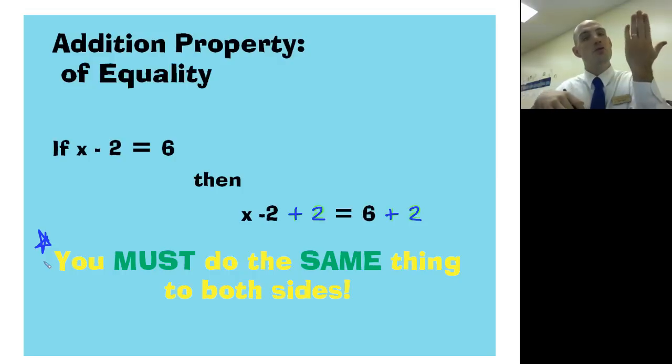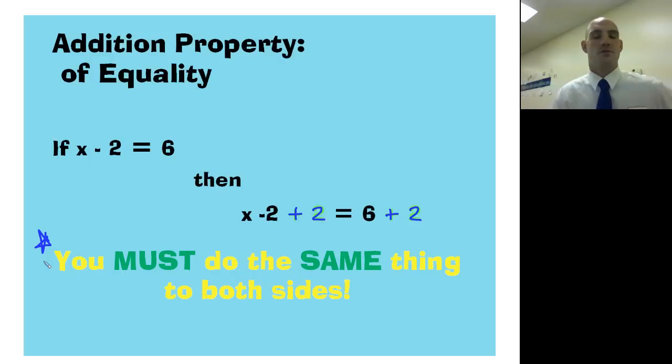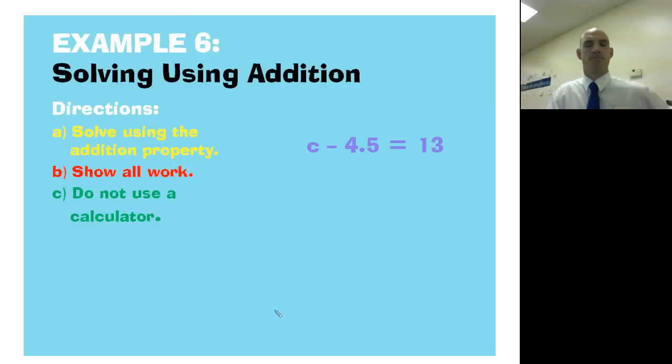So if I add 2 to one side, I'm going to add 2 to the other side. This is another way to make zero pairs. And so in this case, all of these problems are going to involve subtraction, and I'm going to make a zero pair. My goal, C by itself. And so what is with C?